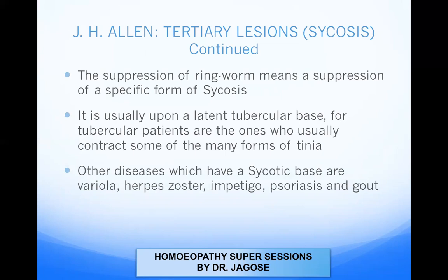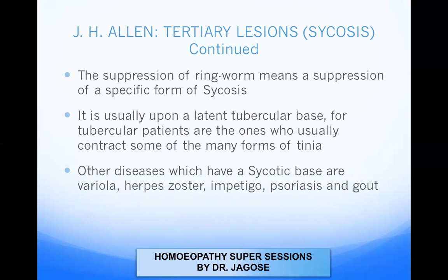For a tubercular patient, are the only ones who contract some of the many forms of tinea. So the ringworms, the base is the tubercular base upon which the psychotic manifestations are manifested. So therefore, it becomes difficult to treat because of this tubercular base.